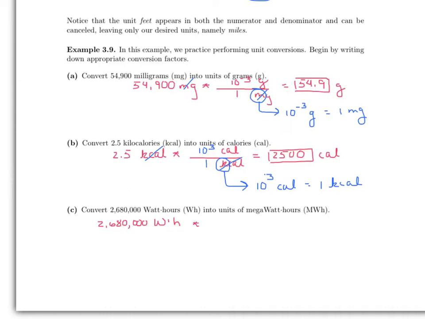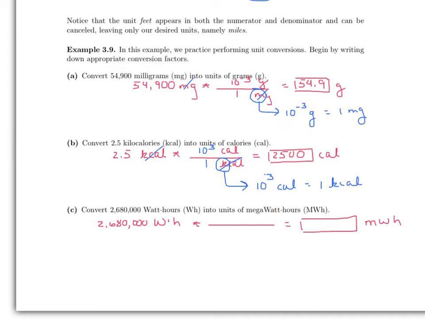We need to multiply this quantity by a conversion factor so that when we are all done, we will be left with a numerical value that has units of megawatt hours. So that's our goal. So we have to figure out the appropriate conversion factor here.